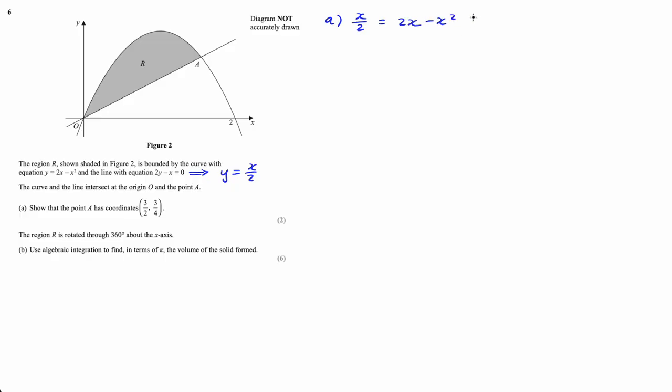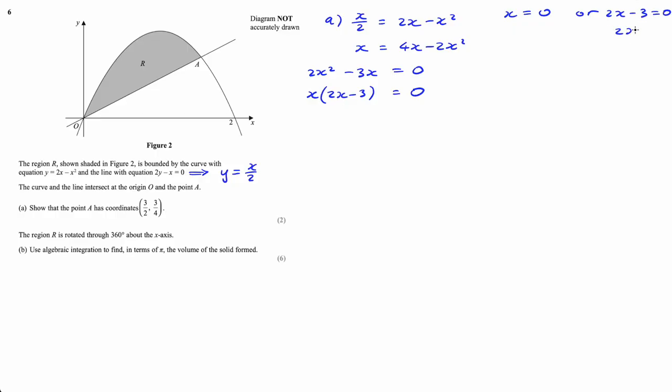And this is a quadratic that we need to solve. Let's multiply everything by 2 to begin with. 4x minus 2x squared. Bring this over here. This will be 2x squared minus 3x, if I subtract the 4x, equals 0. Factorize: x times 2x minus 3 equals 0. X equals 0, or 2x minus 3 equals 0.